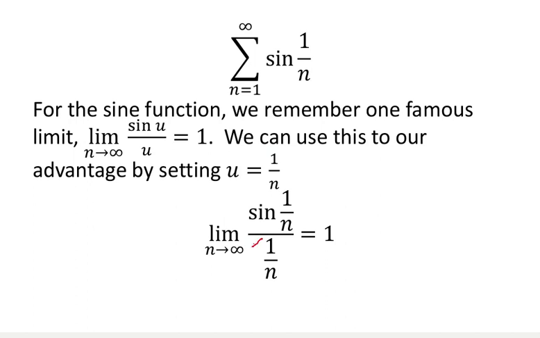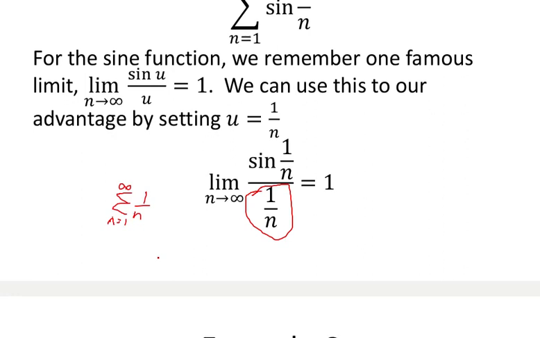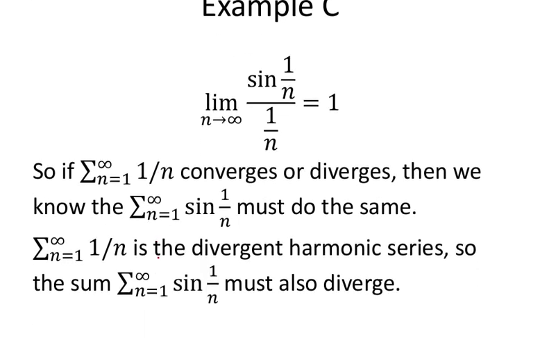So we have to test: does the series of 1 over n, from n equals 1 to infinity, diverge or converge? If it diverges, then the sine of 1 over n would also diverge. If it converges, then sine of 1 over n will converge.